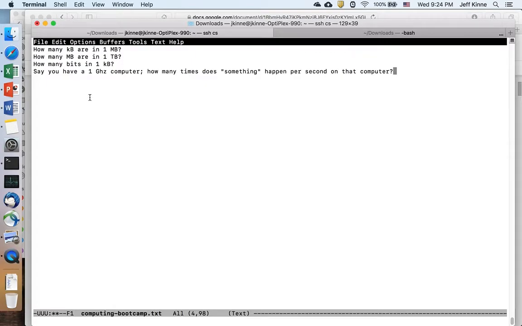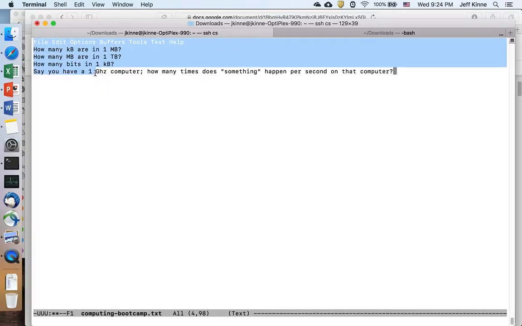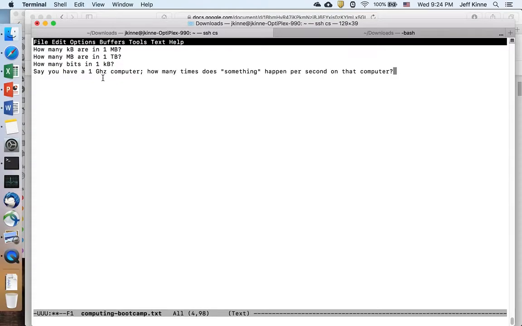The gigahertz is referring to the clock speed of the computer, which we can talk about some other time, but the clock cycle is happening at 1 gigahertz. So giga, if you go back to your metric abbreviations, is billion. So there's something happening 1 billion times per second.